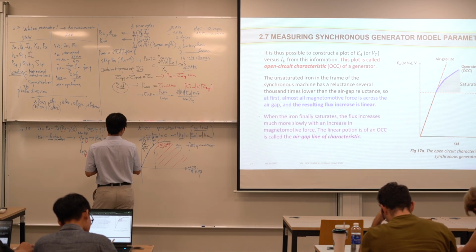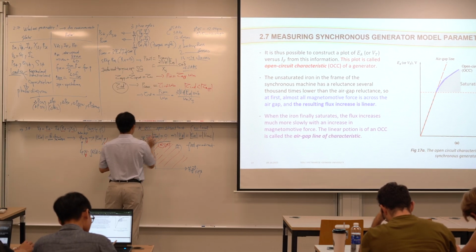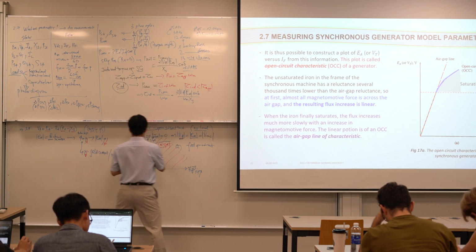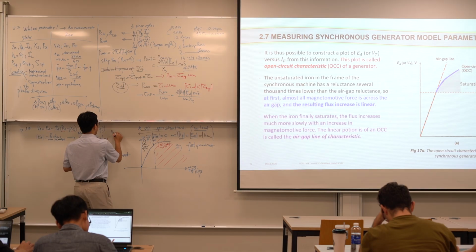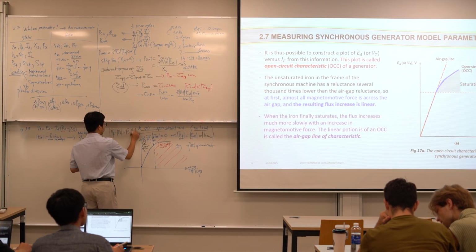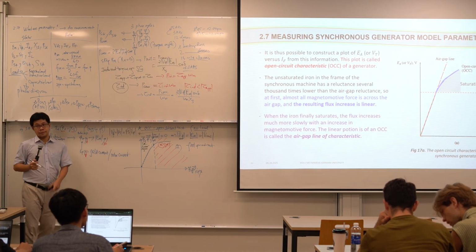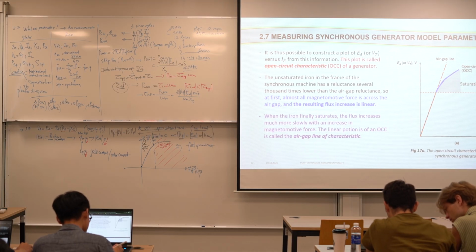But it's very easy, because we know EA is V phase in this case. So we can calculate VL very easily, right? VL or VT is root 3 times the phase voltage. Understand? Yes.